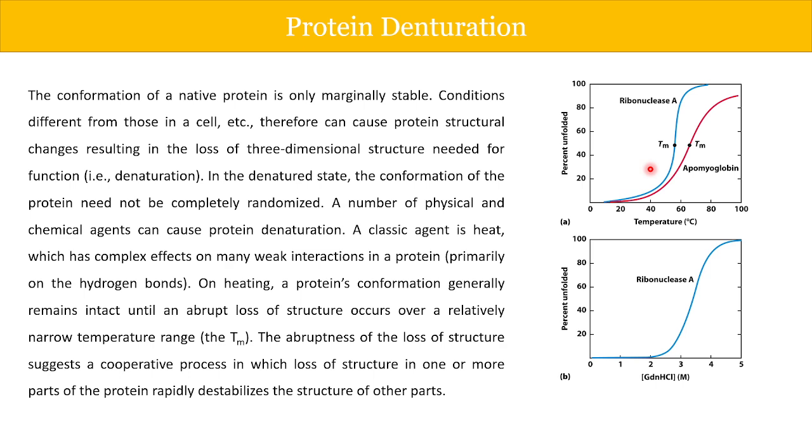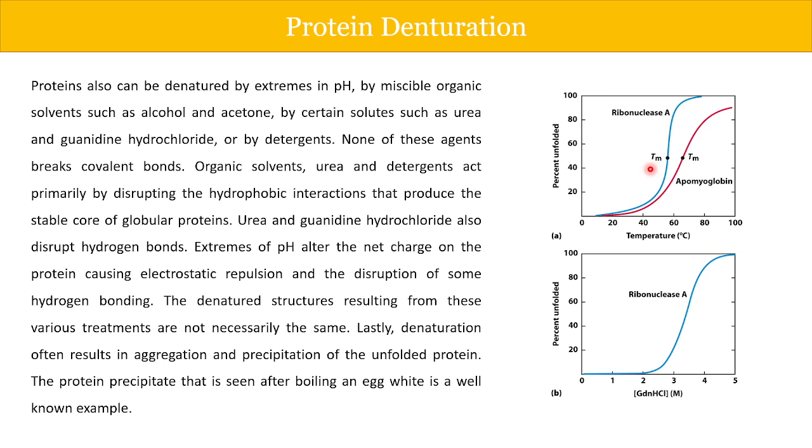Right? So the abruptness of the loss of structure suggests a cooperative process in which loss of structure in one or more parts of the protein rapidly destabilizes, and that destabilization leads to the unfolding of the other parts of the protein as well.